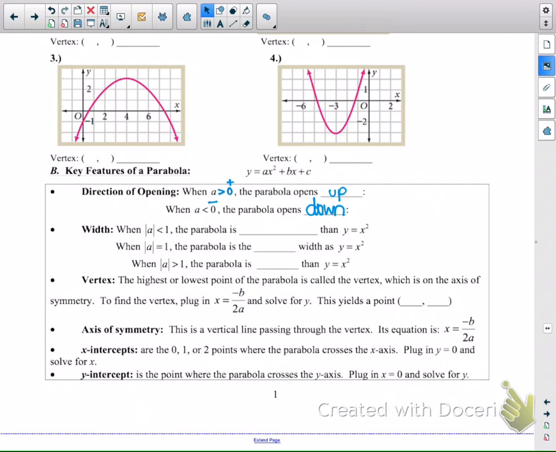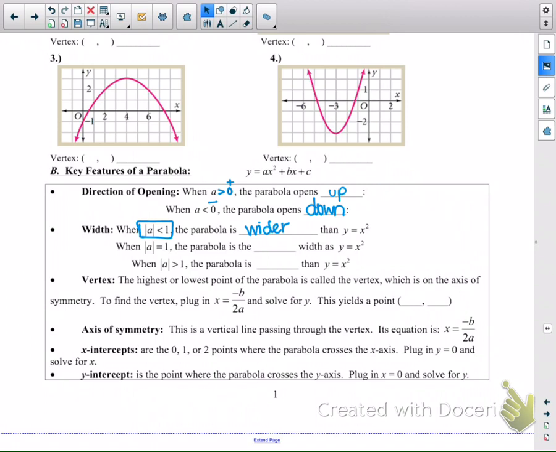A can also tell us the width of the parabola. If a is a number between 1 and negative 1, that's what this means: the absolute value is less than 1. Then the parabola is wider than the normal function y equals x squared.